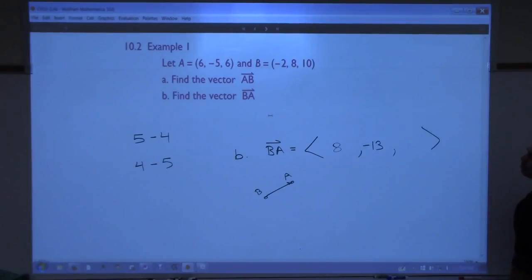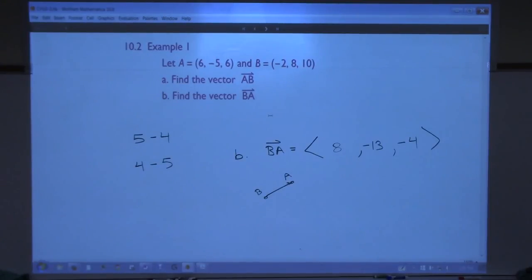Isn't it the other way around? Which way? -4. Nope, this is it. So we're subtracting B from A. You're subtracting B from A. But isn't it BA should be B minus A?